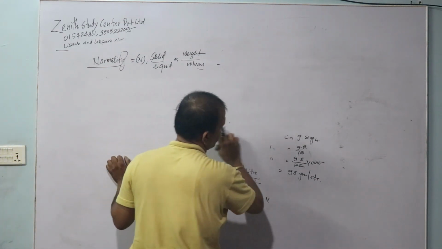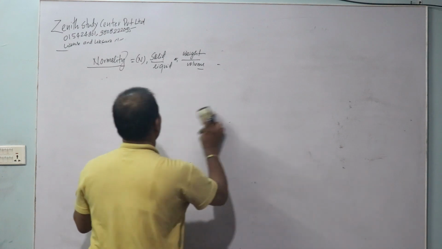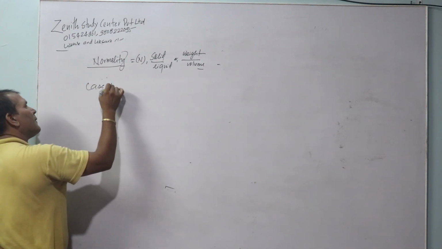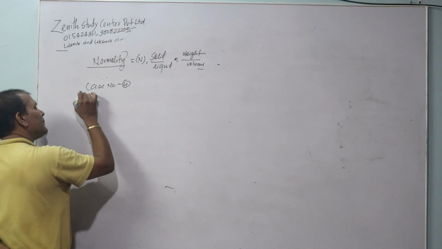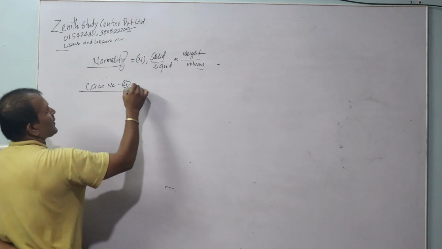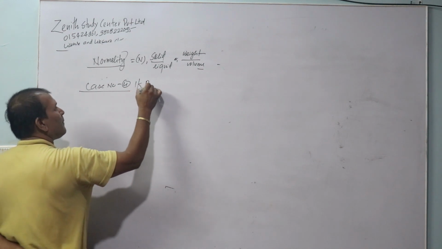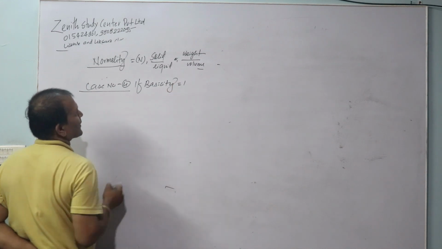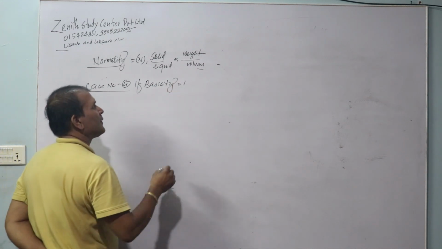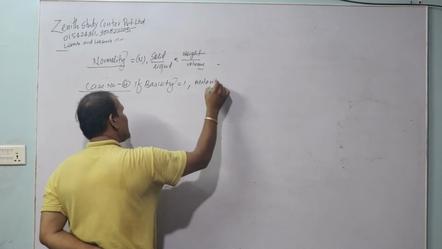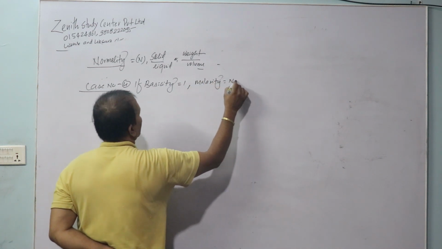Case number 4. It means question number 4. If basicity is equal to 1, at that condition molarity is always equal to normality.